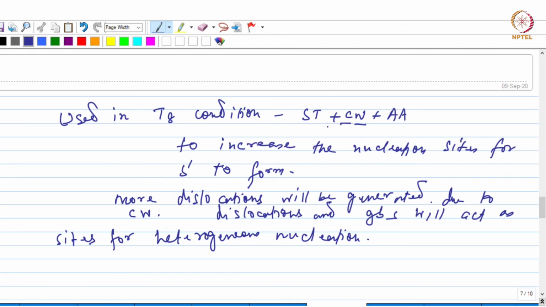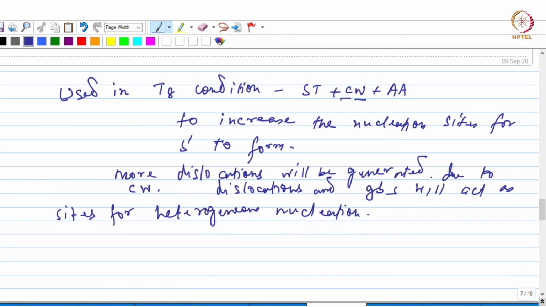If it is simply solution treated and aged, the number of dislocations are not that great. The dislocation density is not really high, and therefore the S prime precipitate may not form as uniformly or in the number which will give rise to a high hardness, right? So therefore, in order to ensure that it forms uniformly in large number, this is given a cold working before the artificial aging, so that the defects like dislocations and grain boundaries can act as the nucleation sites for the heterogeneous nucleation of the S prime precipitate.